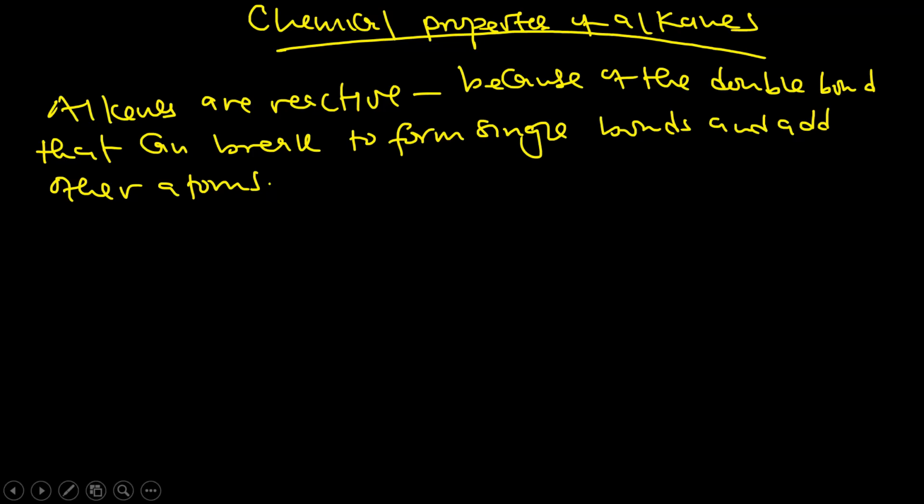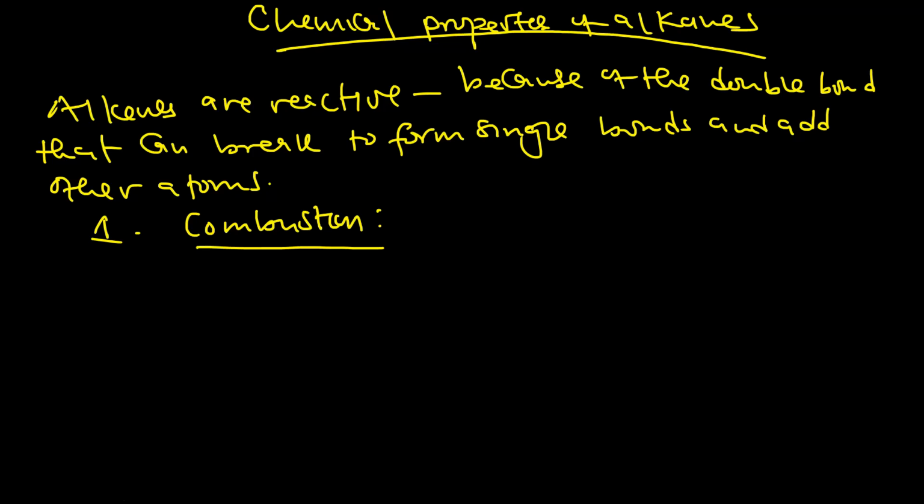This is the reason why it is reactive. Now, among the types of reaction that it undergoes is what we call combustion reaction. This one we might not spend much time on because we've looked at combustion reaction. So alkenes undergo combustion reaction, and we know combustion is just burning in the presence of oxygen.